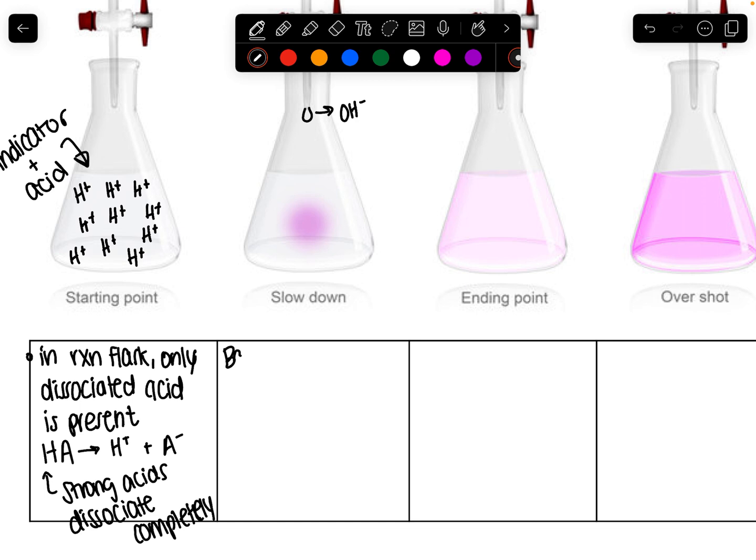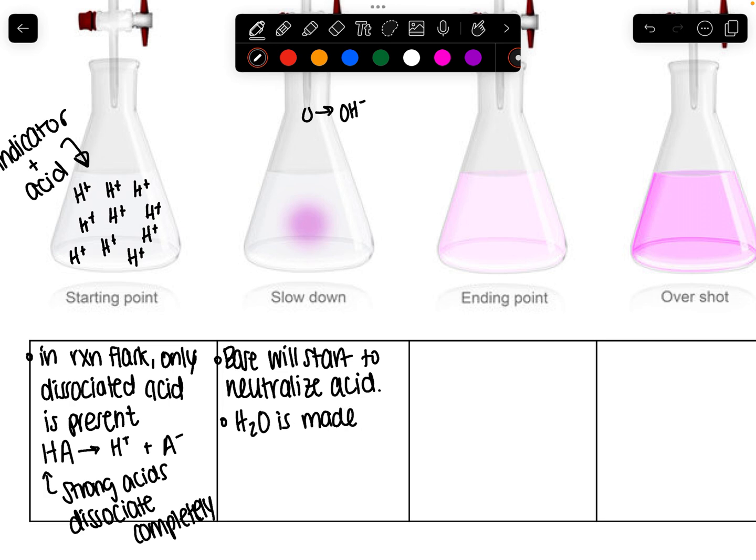So base will start to neutralize acid. So what does that really mean? It means we're making water. Water is made. So what's going to actually happen to the acid?